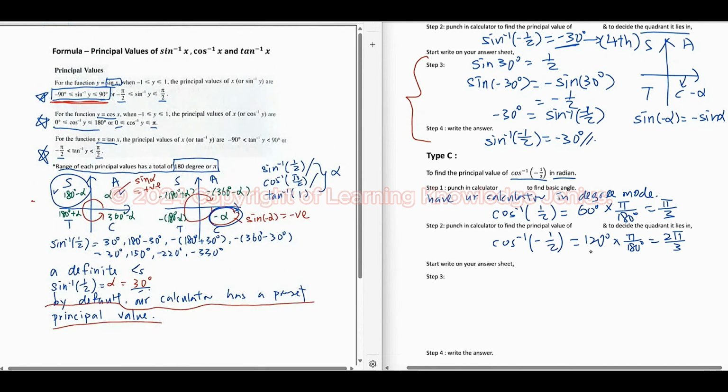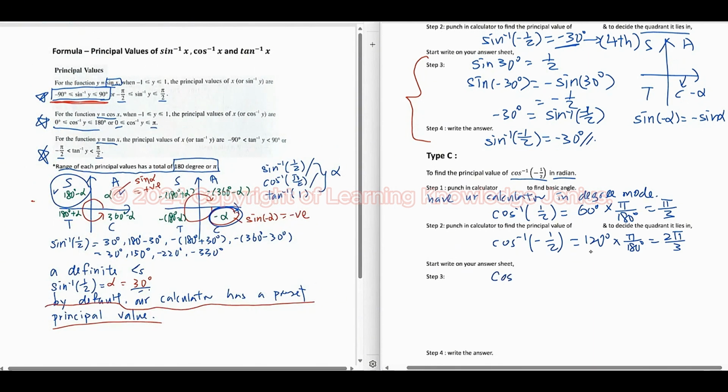So step 3, you will write cosine pi over 3 is equal to half. And from the ASTC, you can tell 120 degrees is actually in the second quadrant. So you can draw the ASTC. So this is S, and you can realize it's the second quadrant.